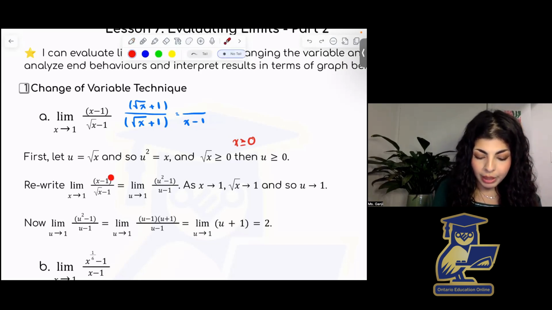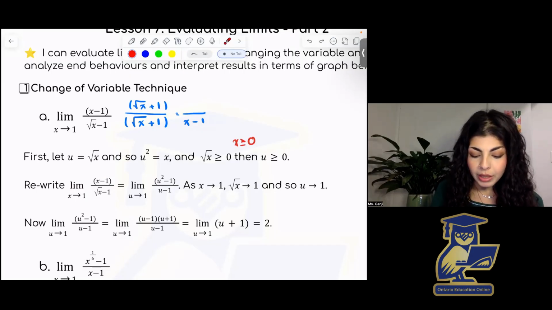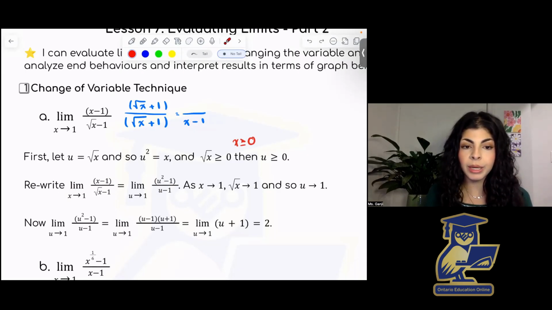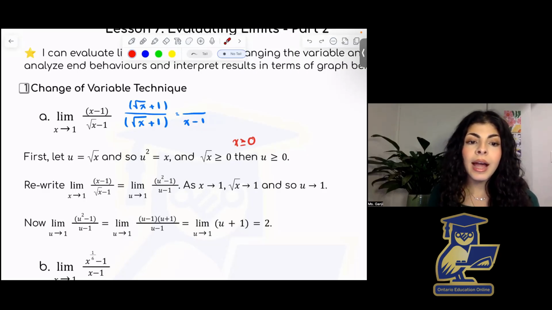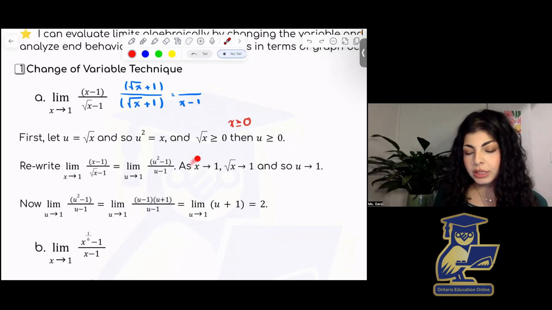So now as we rewrite this, starting with my original expression, I'm just putting u squared instead of x and u itself instead of square root of x, and everything else has stayed the same. We have that negative 1 in the numerator and denominator. Now, I've already shown you this, but here we're just interpreting that. So our original limit was as x approaches 1.